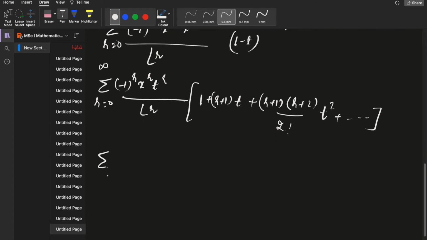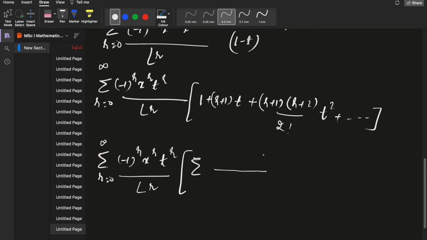Now summation r tends to 0 to infinity minus 1 to the power r x to the power r t to the power r upon factorial r. This can be written as a summation over s, which can vary from 0 to infinity.